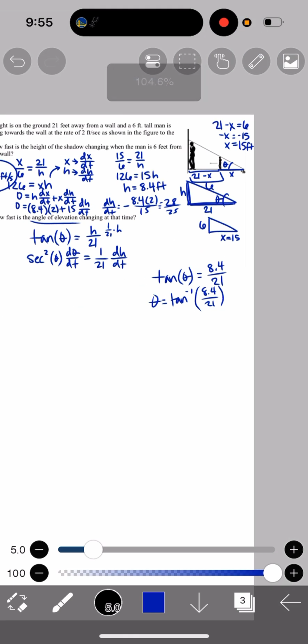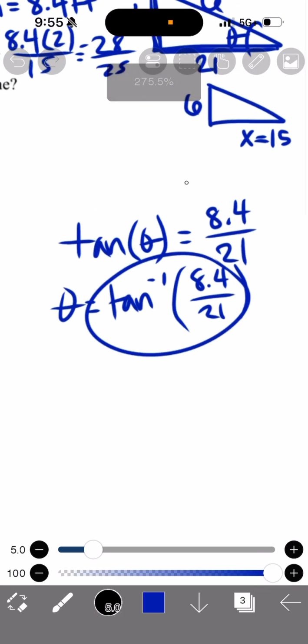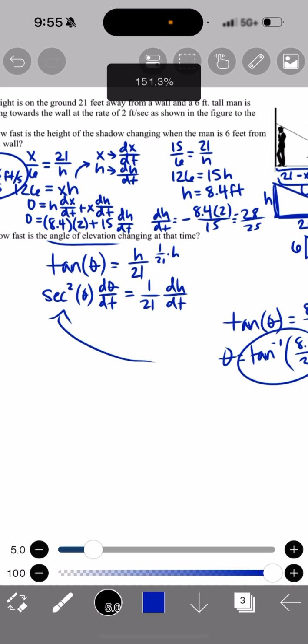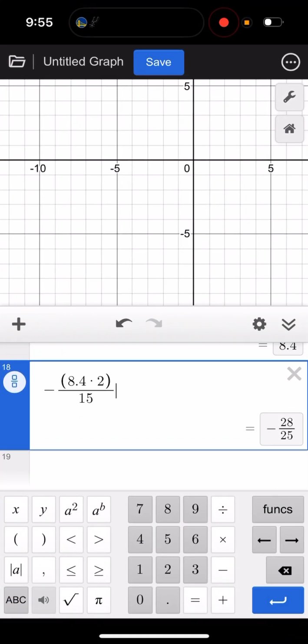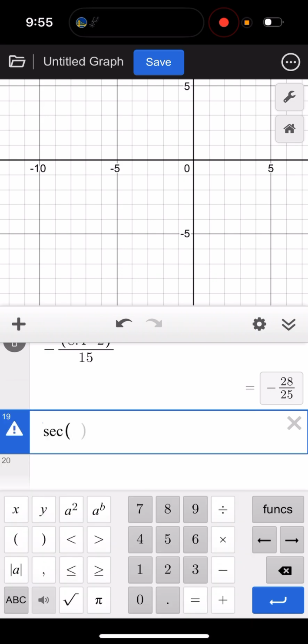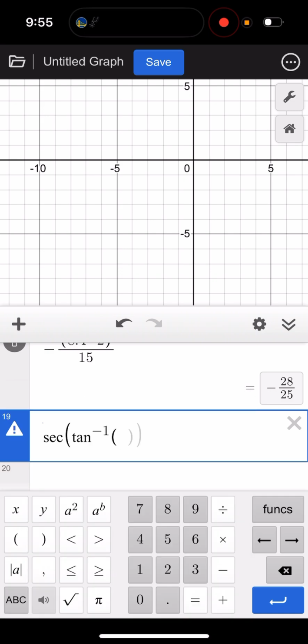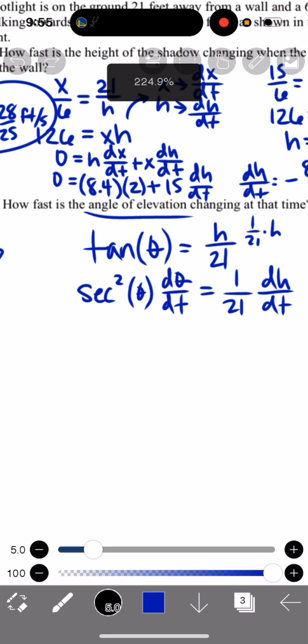And then because we get calculators, I would just plug this in to secant squared of theta right there. Let me do that real quick. So secant squared of the inverse tangent of 8.4 over 21 is 1.16.